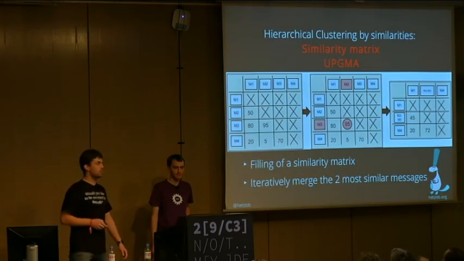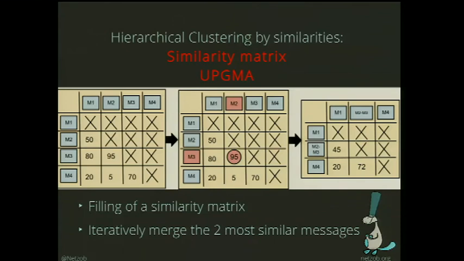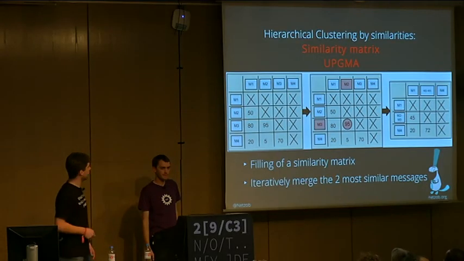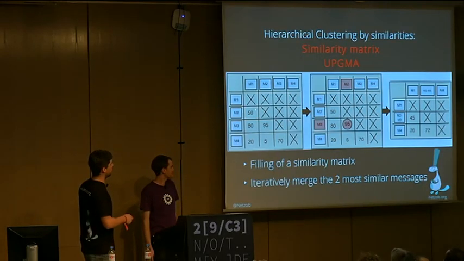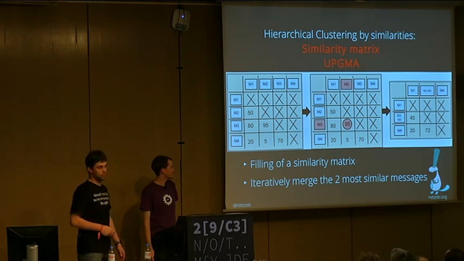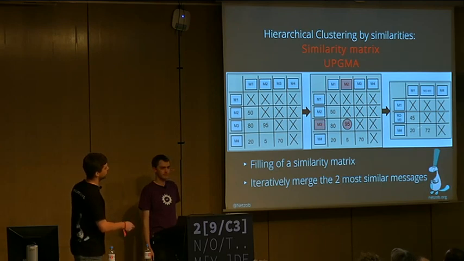So we use a UPGMA clustering algorithm, famous. It's a hierarchical clustering. We put all the messages in a matrix, okay? We put the similarity score. So here, this message is 50% similar with this message. And we find the highest score and reduce by matching the most common messages and reducing the matrix.